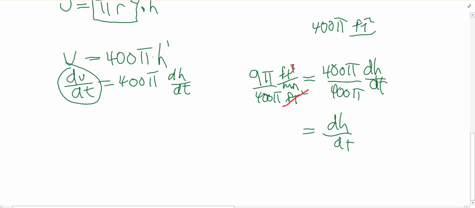So we're just going to be left with feet per minute. So dH dt is equal to 9 over 400. And of course this is positive because it's rising. And the units here would be feet per minute.